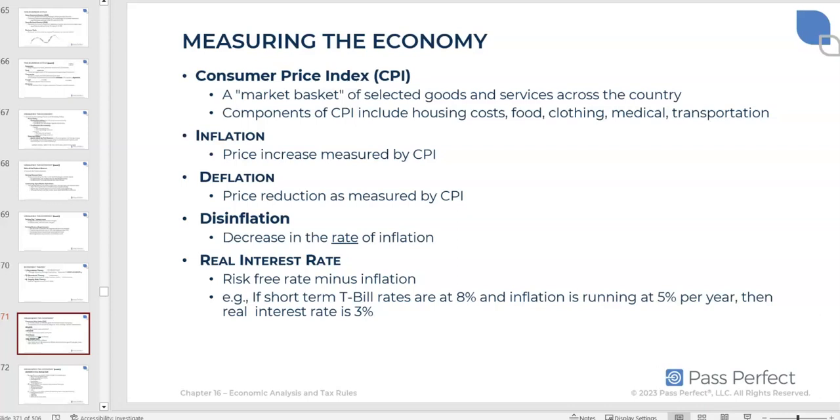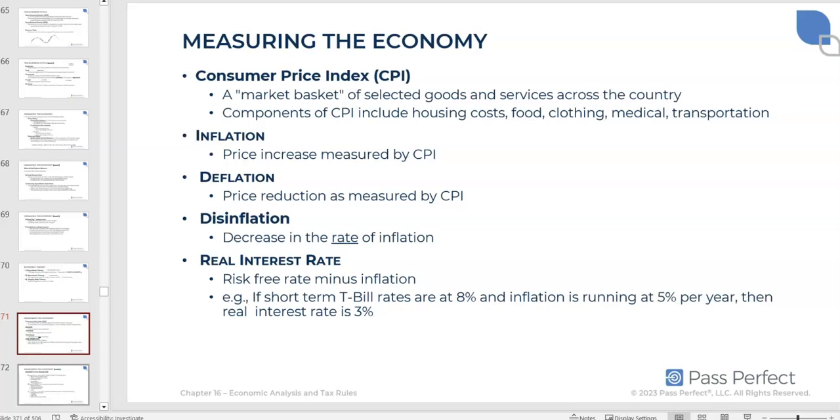So if the price of a pair of socks, for example, or paper towels was 99 cents last month and this month it's $1.19, that shows the impact of inflation by comparing prices on things that people tend to buy.